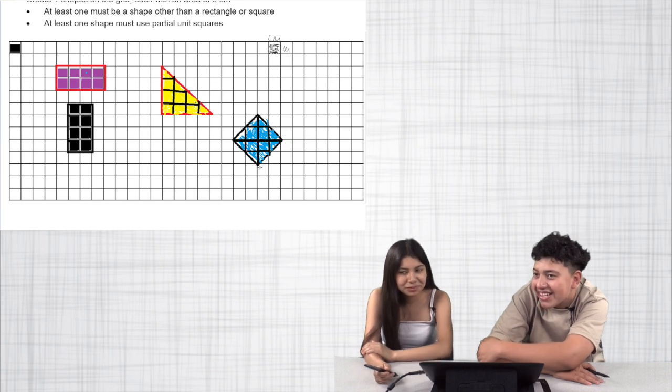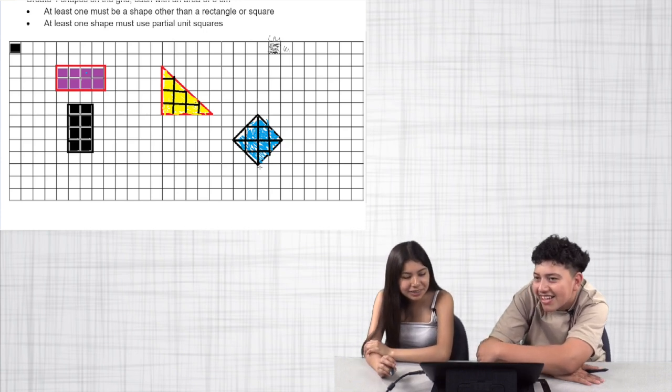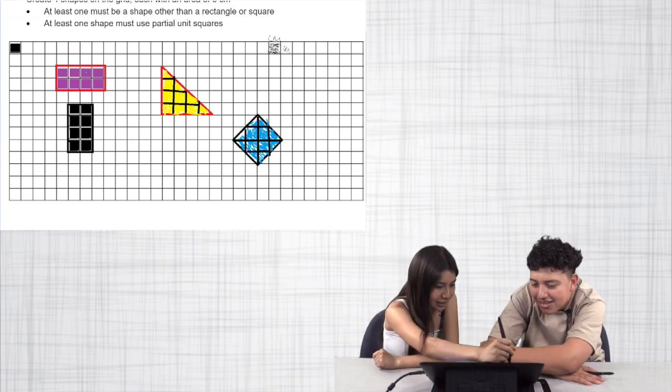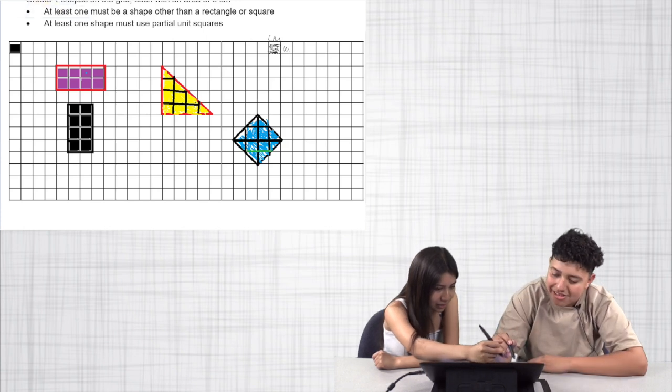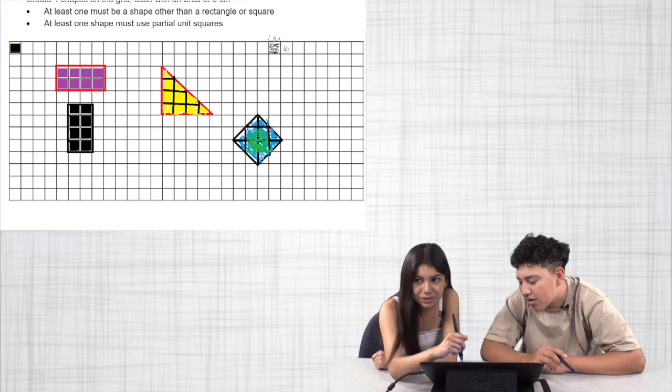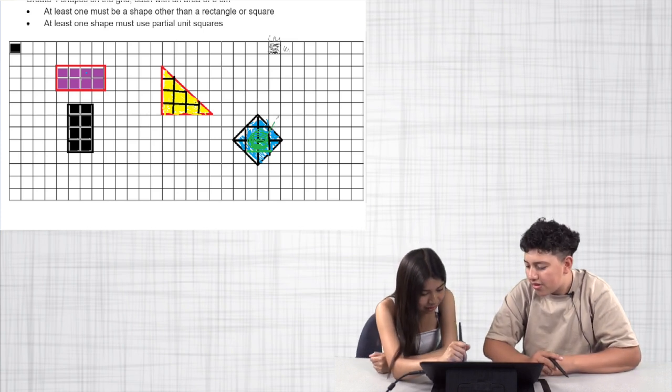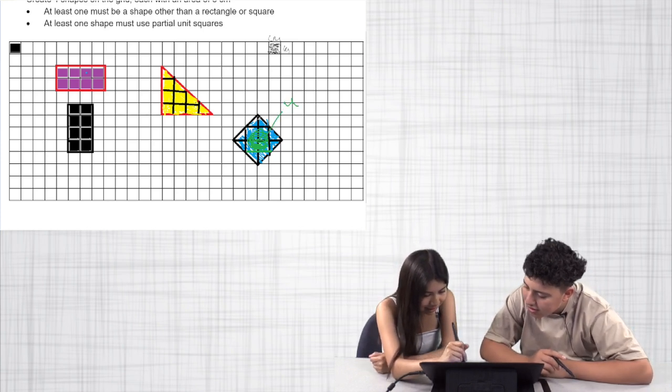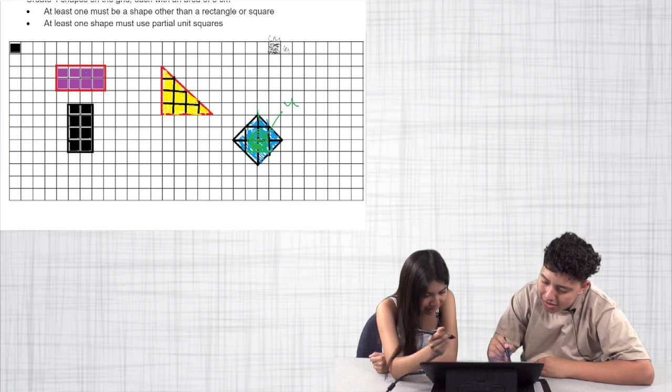How did you do the counting? Show me with your pen. I just found the easy ones. I counted those. How much was that? 4. And then switch the color.